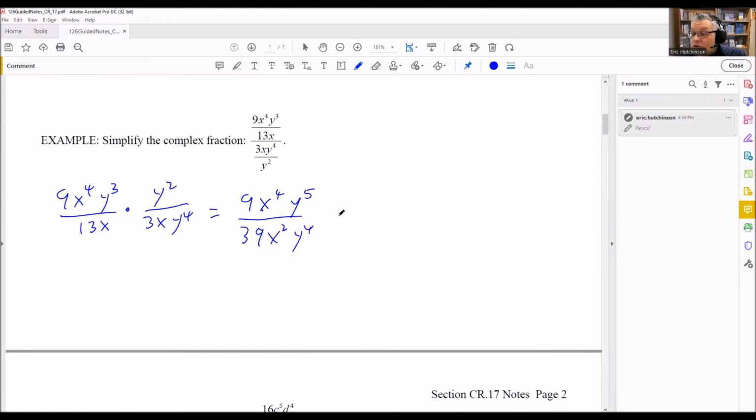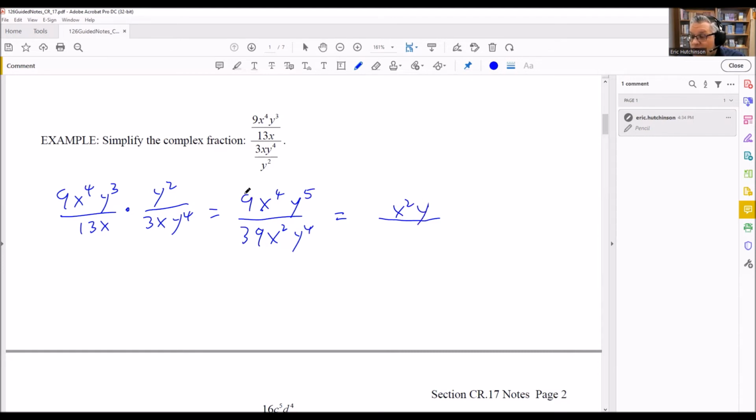Now we want to reduce these if we can. What we notice here with the x's is we have 4 minus 2 and 5 minus 4. That's going to give you something positive, which means the x's will go on top, because we don't have negative powers in this case. So top minus the bottom, 4 minus 2 is x squared. 5 minus 4 is y to the 1st power.